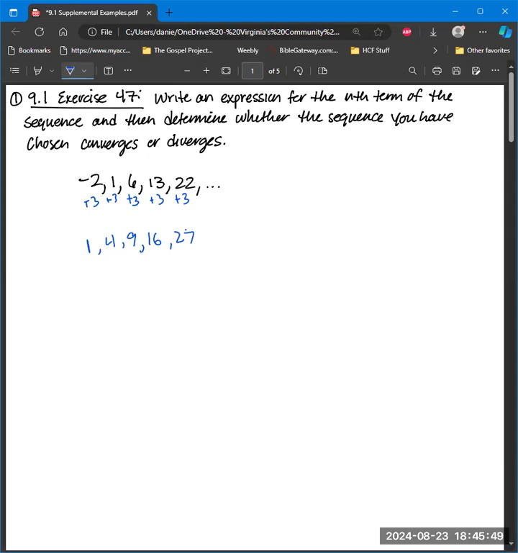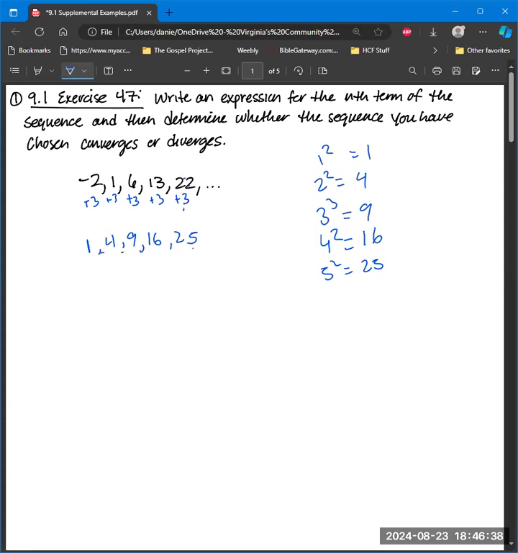Okay, so if I take this and look at perfect squares here. 1 squared is 1, 2 squared is 4, 3 squared is 9, 4 squared is 16, 5 squared is, that should be 25. 22 plus 3 is 25.